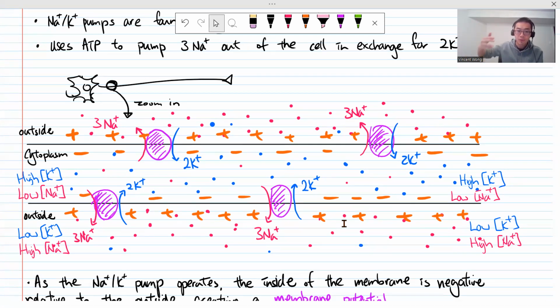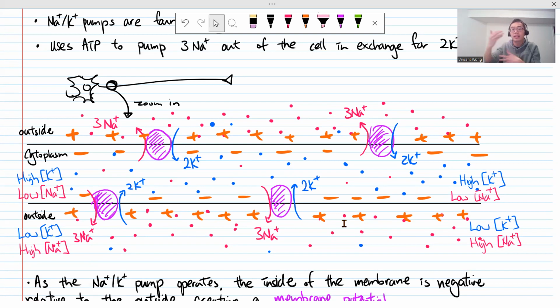So the sodium would want to come into the cell, but it cannot because it's charged, and the membrane does not allow charged particles to go through. Same thing for the potassium. It's very high on the inside. It wants to leave the cell, going from high to low, but it cannot because the membrane prevents it.